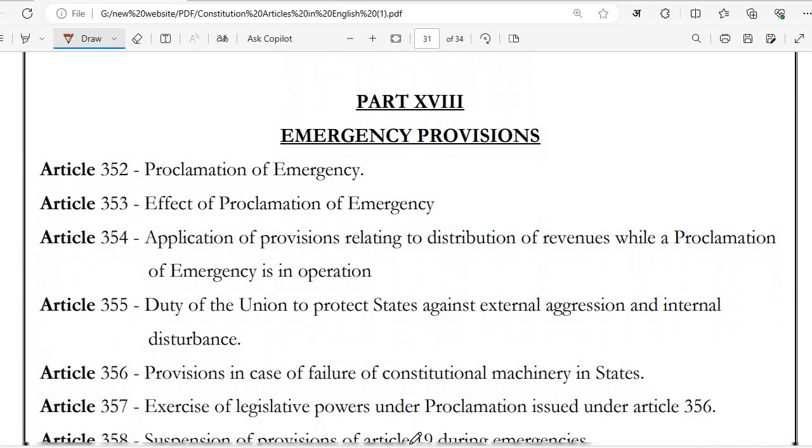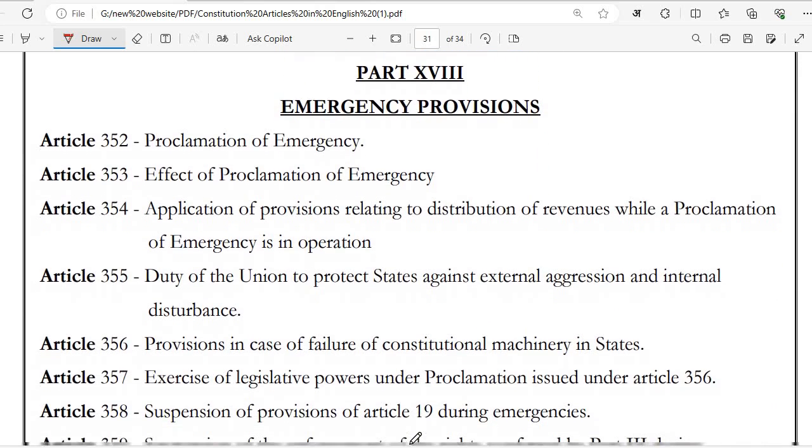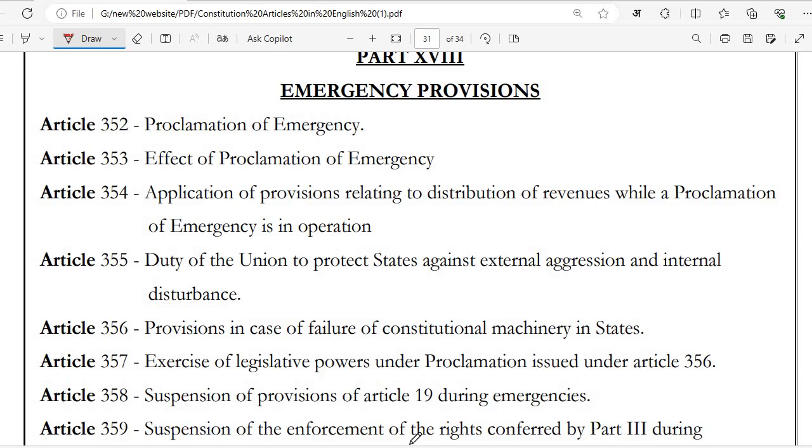Next, the emergency provisions, proclamation of emergency. 3 kinds of emergency have been proclaimed under the Indian Constitution. Article 352, the national emergency. 353, effect of proclamation of emergency. The President is authorized to declare a national emergency on the advice of the Union government.